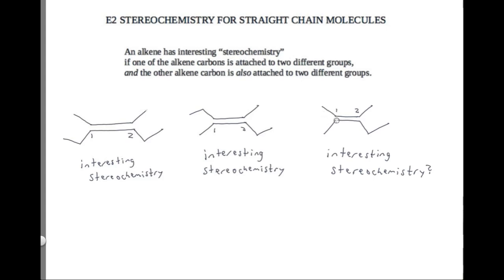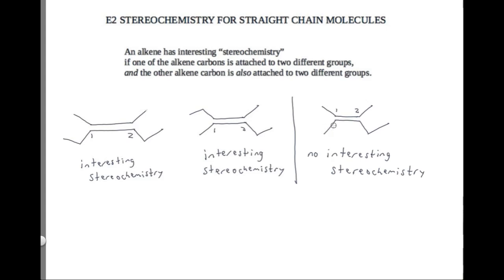Well, notice here that carbon 1 is attached to two identical groups. Since carbon 1 here is attached to two identical groups, there is no interesting stereochemistry for this molecule using this rule.